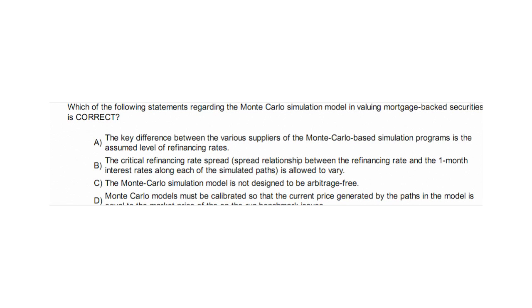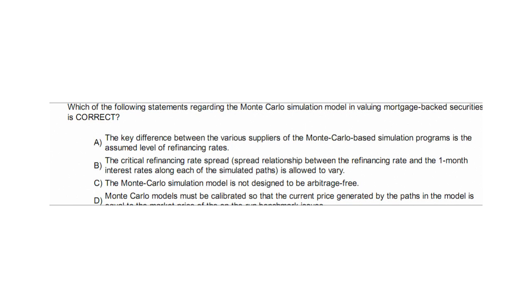The critical refinancing rate spread, or the spread relationship between refinancing rate and the 1 month interest rate, is allowed to vary. Let's keep this for some time. Monte Carlo simulation model is not designed to be arbitrage free. This is for sure something that's correct. Monte Carlo models must be calibrated so that the current price generated by the path is equal to the market price for on the run securities.